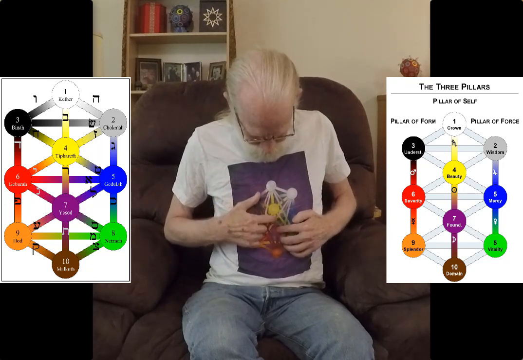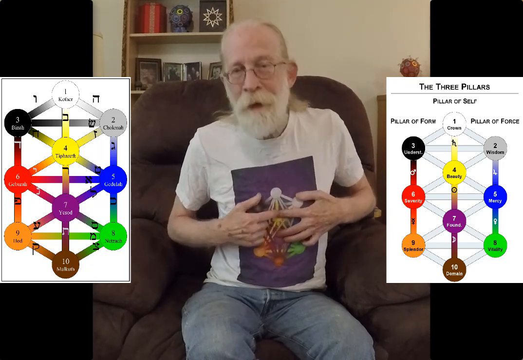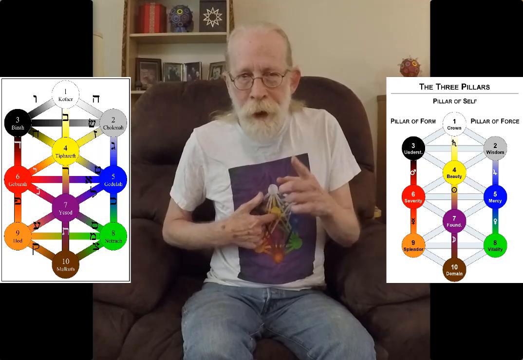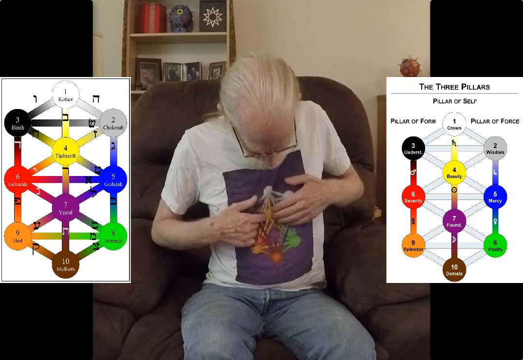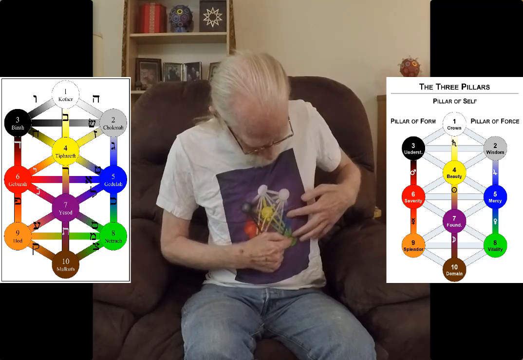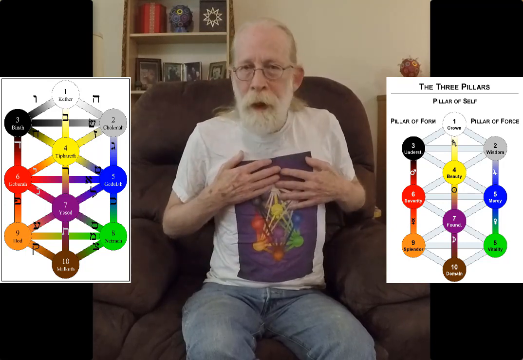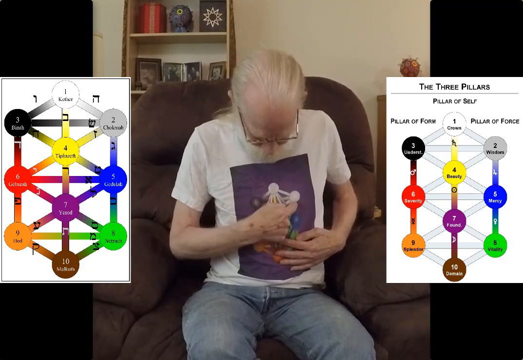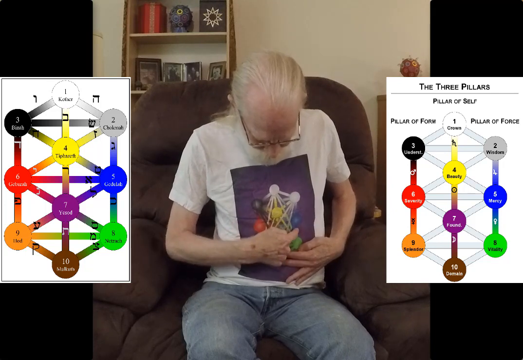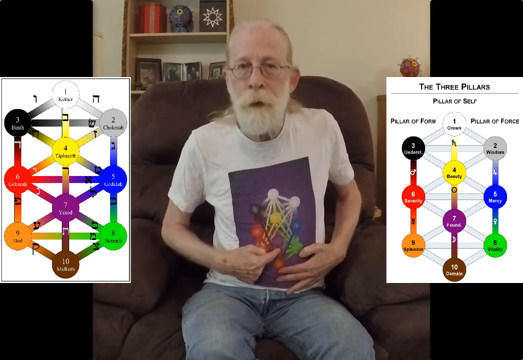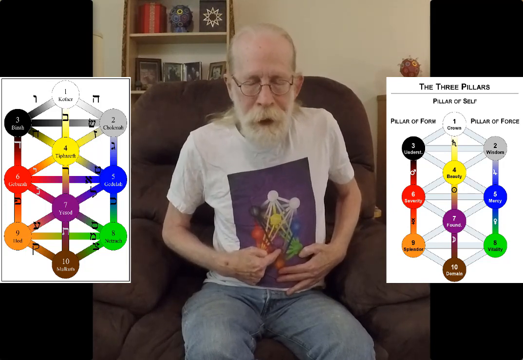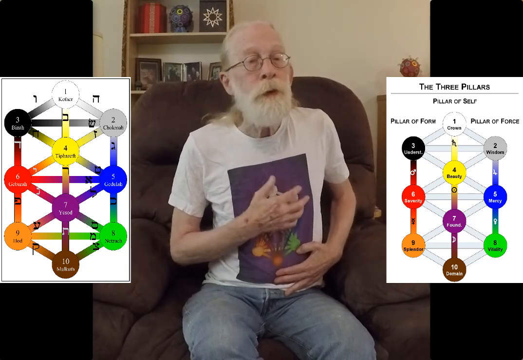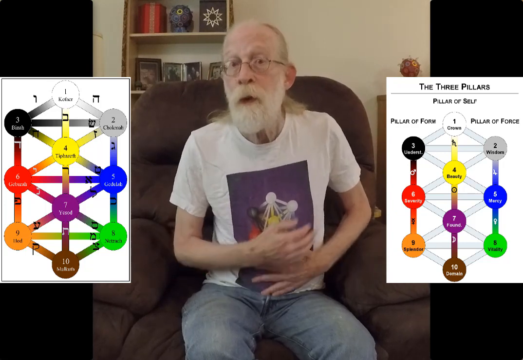Now next is the path of the sun, right in the center here. But I'm going to wait on that for a second. So we then have the path of Venus. See, it is the order of the planets: Saturn, Jupiter, Mars, Sun, Venus, Mercury, Moon. This is standard. You don't have to use the Sephirot to achieve that same order.